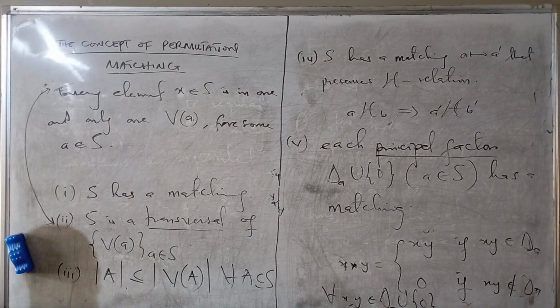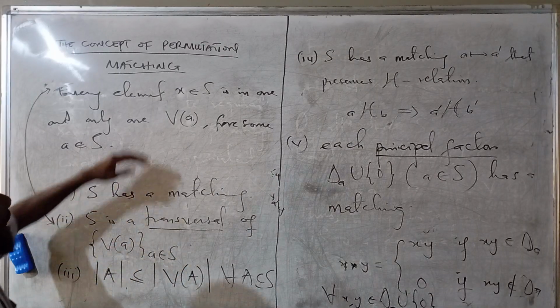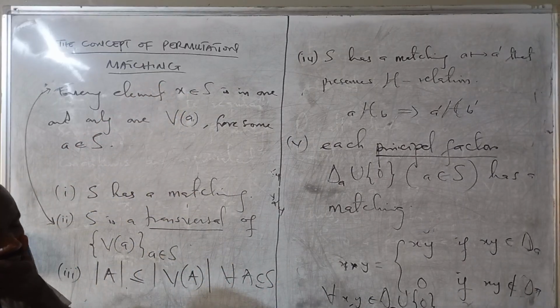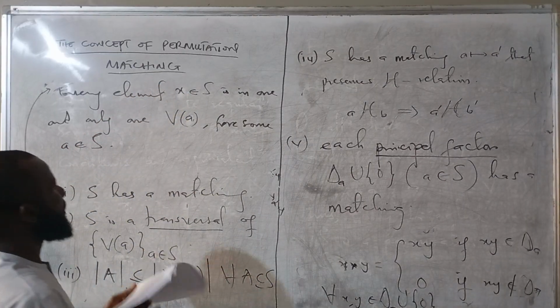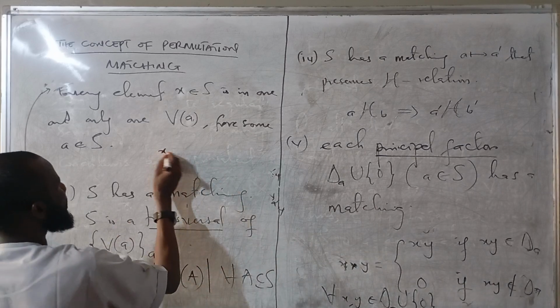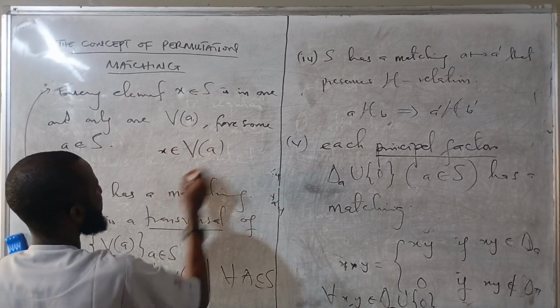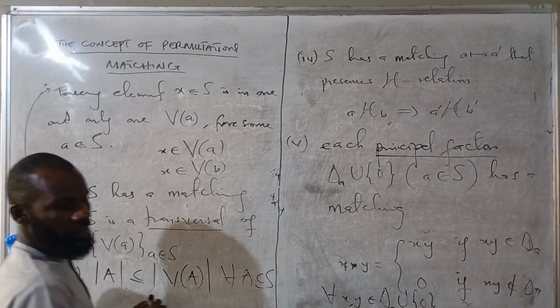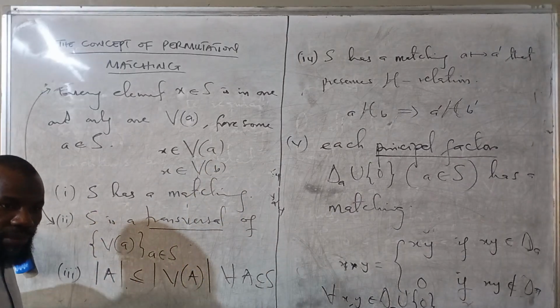What will be the implication, the consequence of having an element appearing in two places? That is, if a particular X is found in V_A and the same X is also found in V_B, what will be the implication of that?